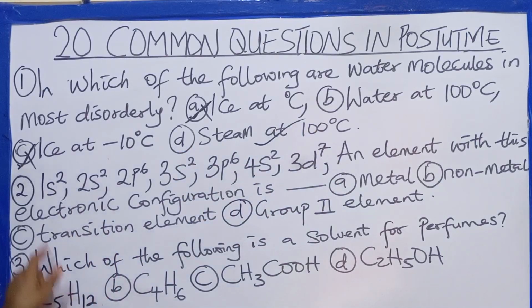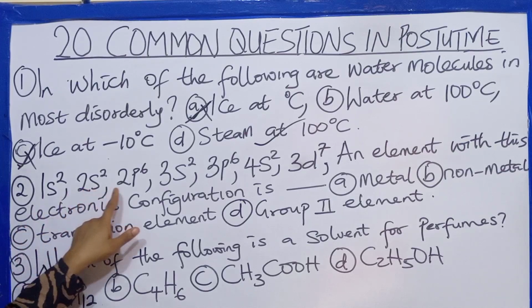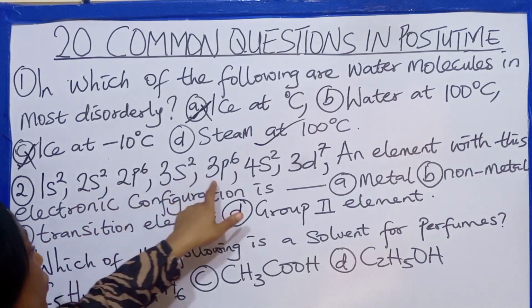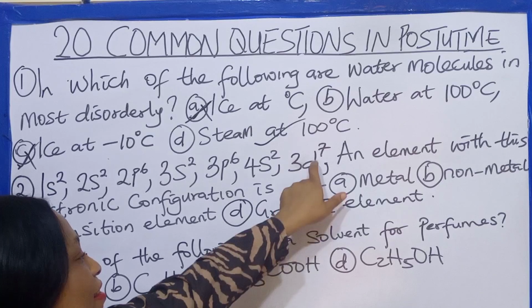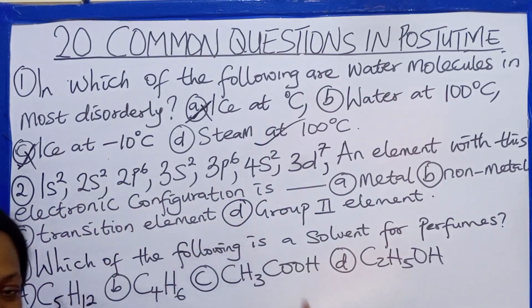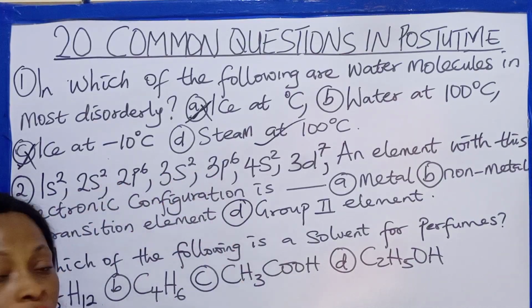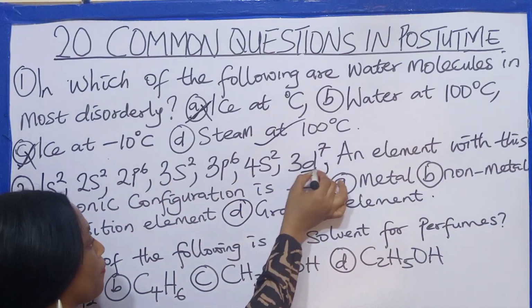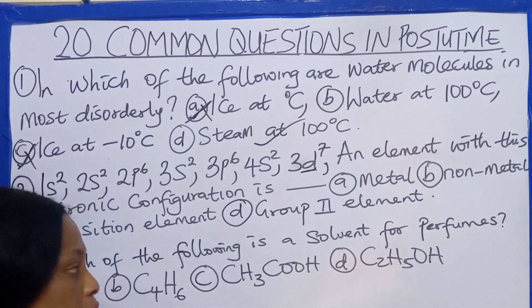Number 2, 1s2, 2s2, 2p6, 3s2, 3p6, 4s2, 3d7. An element with this electronic configuration is, okay, so let's look at this electronic configuration again. There is a 3d. Now let's look at the options.